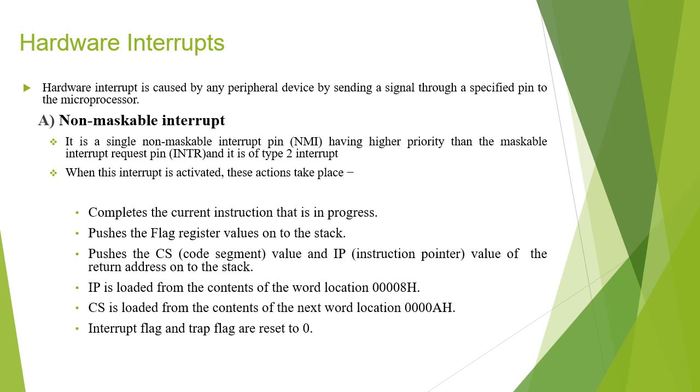And this non-maskable interrupt is a type 2 interrupt. Corresponding to each of the interrupts in 8086, whether it is a hardware interrupt or software interrupt, you will have a type number. Either it will be explicitly given or it will be implicitly taken. So for an NMI, the type number is 2.